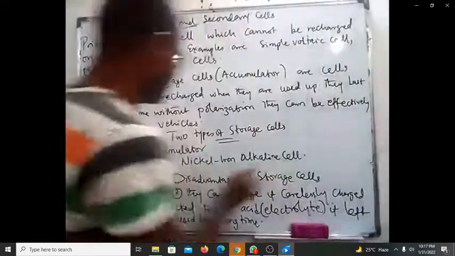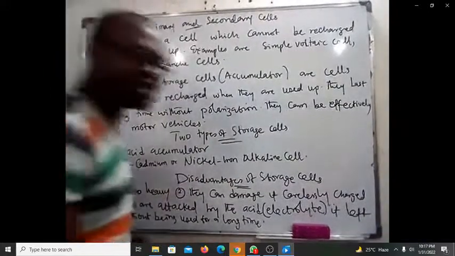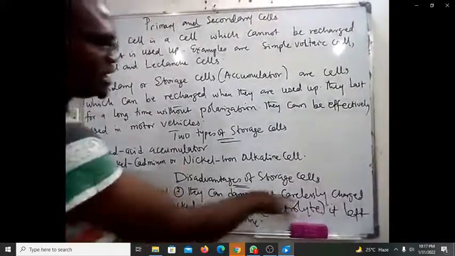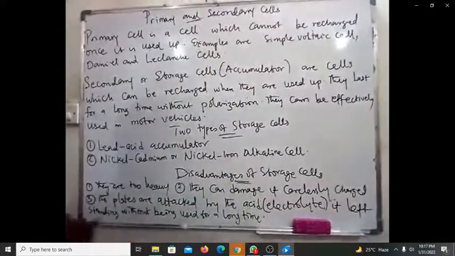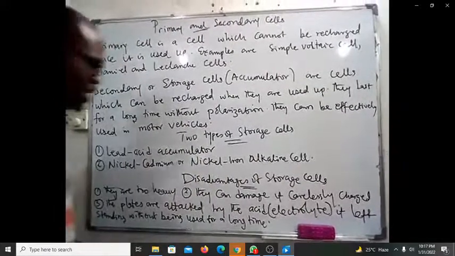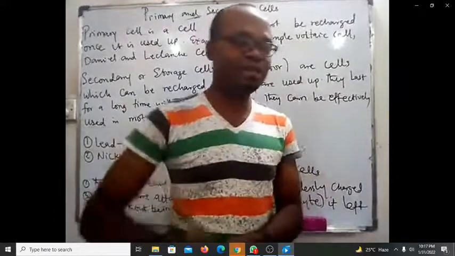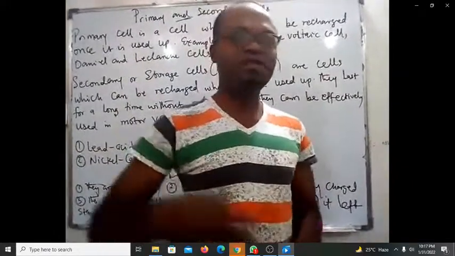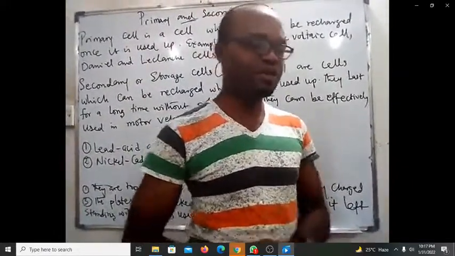But these ones, when they discharge, you can recharge them. They can be damaged if carelessly charged. When you're charging them, you have to charge them very carefully. The plates are attacked by the acid electrolyte if left without being used. Some battery, when you go to buy them, that's when they will pour the acid, because if you leave the acid there for a long time, it will spoil the battery.